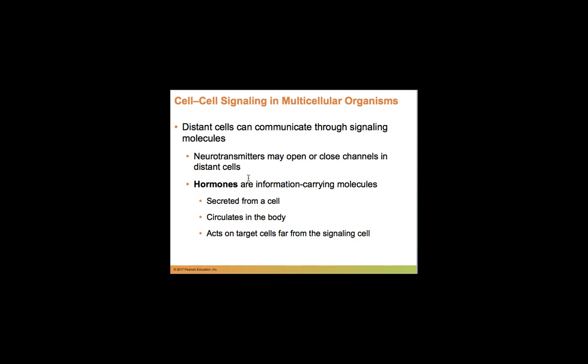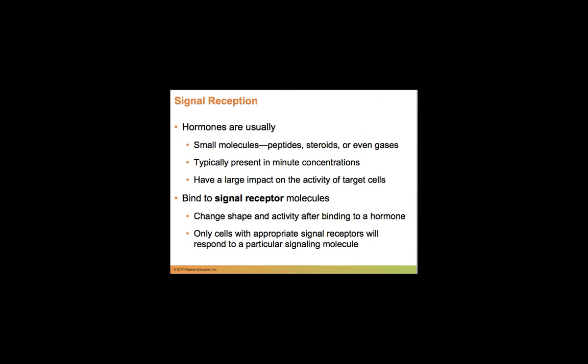Hormones are information-carrying molecules. Hormones are secreted from the cell. Okay, so what are hormones? Hormones are typically going to be very small molecules. They could be a peptide, a steroid, or even a gas. Hormones are usually in a very small concentration, but they will have a large impact on the activity of their target cell.